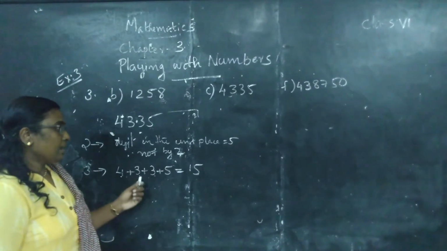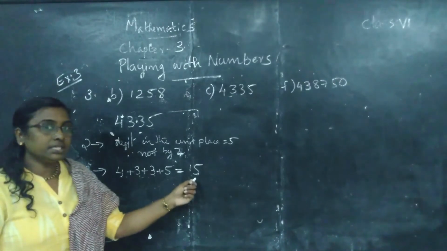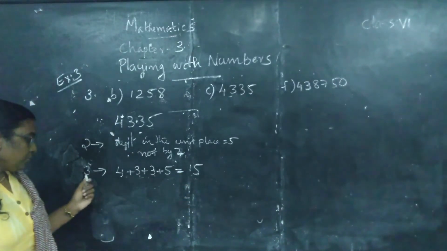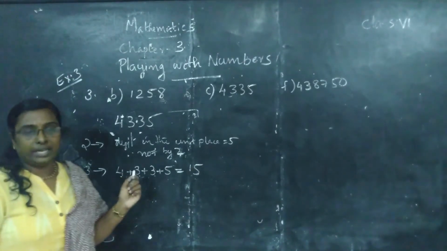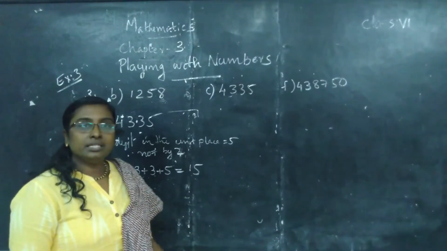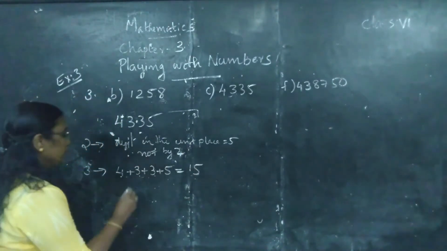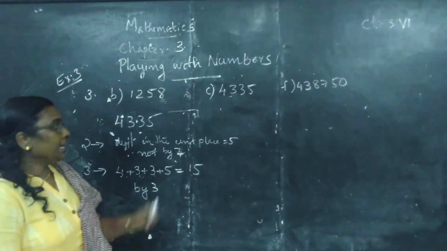Then the sum of digits is a multiple of 3. Here the sum of digits is 15. Is 15 a multiple of 3? Yes, 15 is a multiple of 3. Since 15 is a multiple of 3, the given number is divisible by 3.